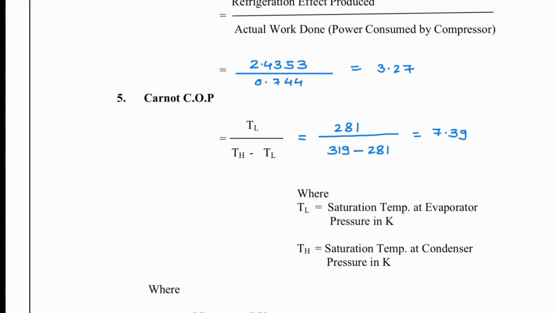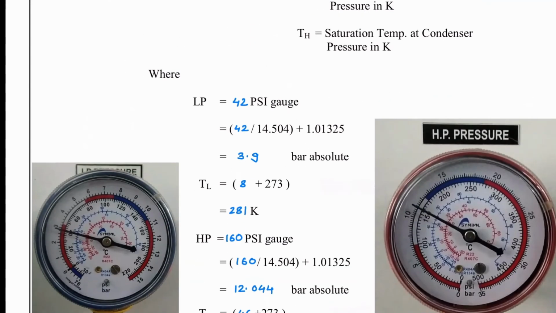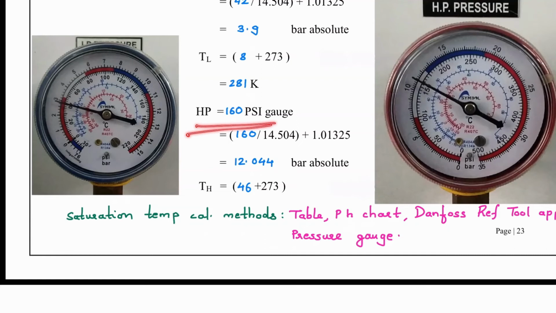Now the next calculation is Carnot COP. Carnot COP for refrigeration or air conditioning application is T low upon T high minus T low. Remember that these temperatures should be in Kelvin. That is why, when we calculated the pressure value here and after that calculated T low, we added 273 and converted it into Kelvin. Similarly, from HP we calculated TH, using either the table, pH chart, app or pressure gauge.